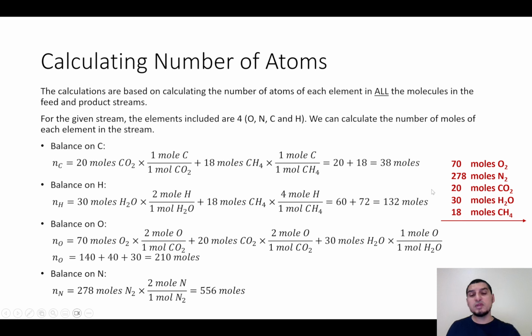So this is how we calculate the number of moles of each one of the atomic species in a stream. What we are going to do is say that the number of moles in the feed stream equals the number of moles in the product stream, and we will have an equation that contains some variables that we can calculate. But this is how we calculate the number of moles.